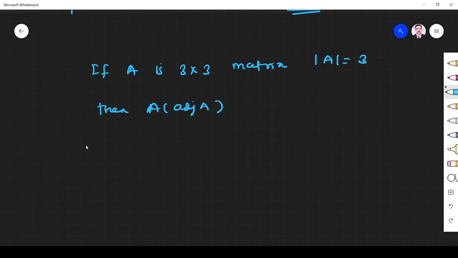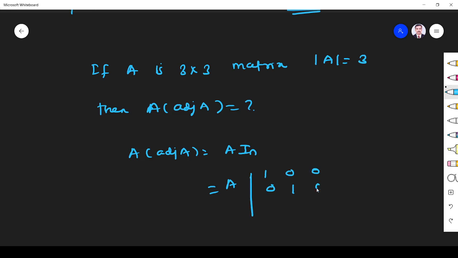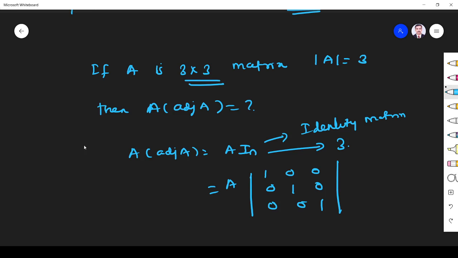We know A into adj A is given by determinant A into I n, where n is the size of the matrix. So it is 3 by 3, and I is the identity matrix: 1 0 0, 0 1 0, 0 0 1. N is 3 because A is a 3 by 3 matrix.